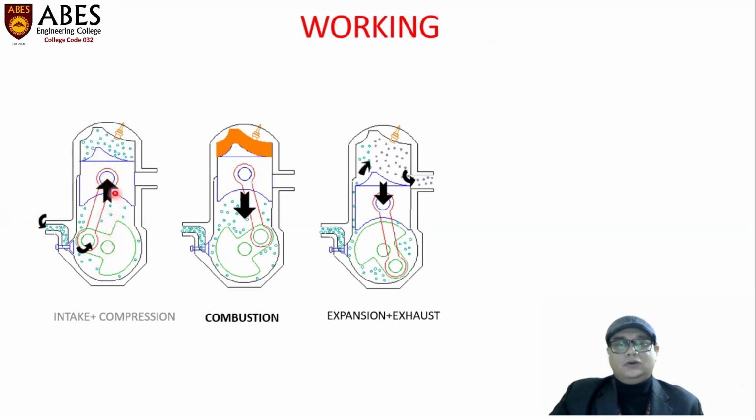After the first stroke, the combustion begins. Due to this combustion, the piston starts moving downward, and the expansion and exhaust of the burned gases takes place. So the entire cycle of the two-stroke engine has been completed in two strokes: first, the intake plus compression stroke, and second, the expansion plus exhaust stroke.